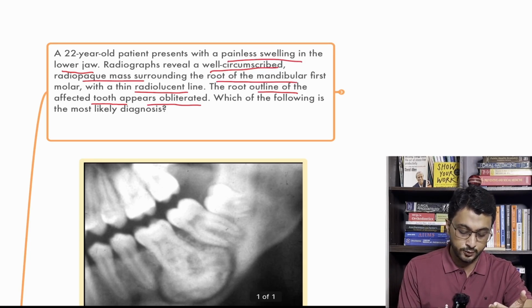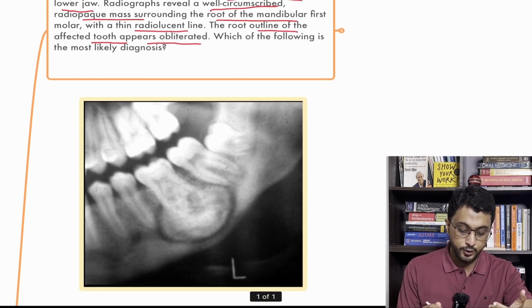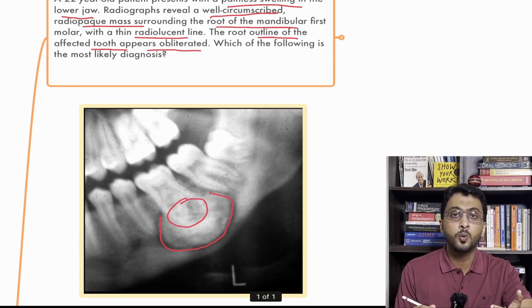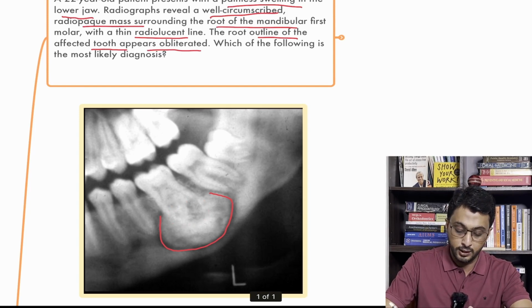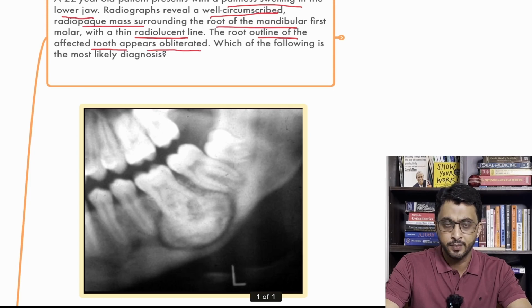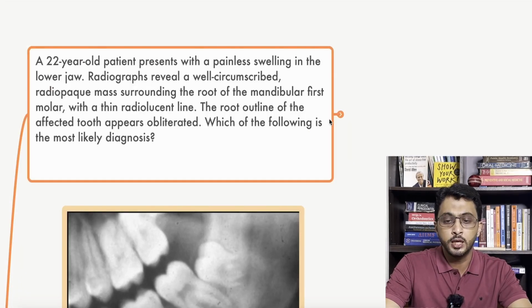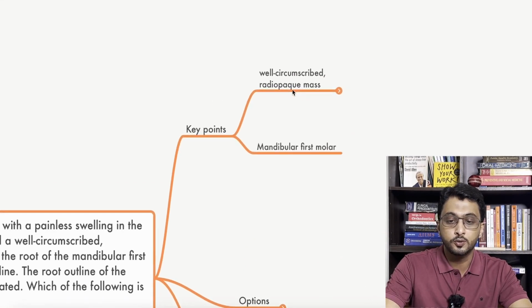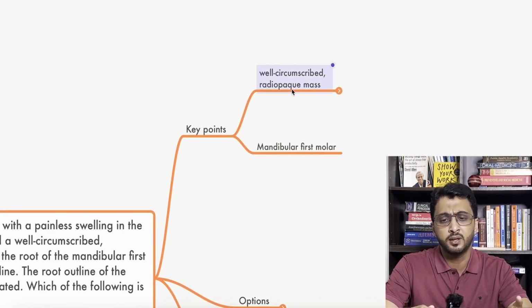And what is the diagnosis? If you come to the radiographic picture, this is the radiolucent line they're talking about, and if you look very carefully, you will see that here the root outline is also obliterated. So these are two very important key things which you have to identify. Now let's come to the key points. As I've told you, it's a well circumscribed radiopaque mass.